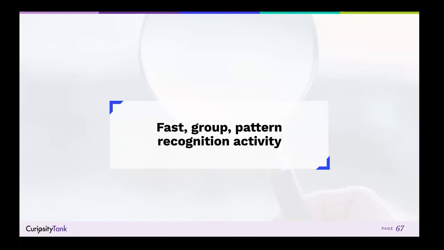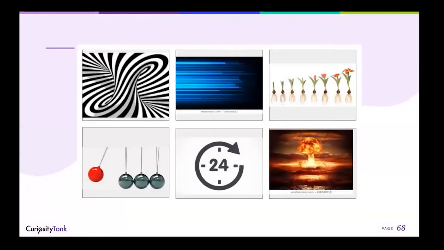So let's move into our last activity, which is going to be a super fast group pattern recognition activity. All right, so I'm going to quickly show you a series of 6 images for about 30 seconds each. And what I'd like for you to do is look for the patterns that you see. Look for similarities.